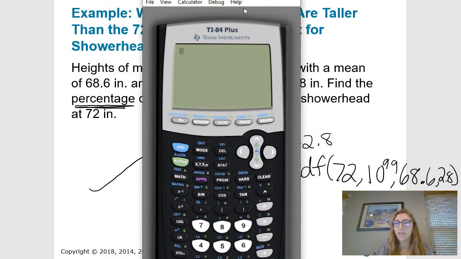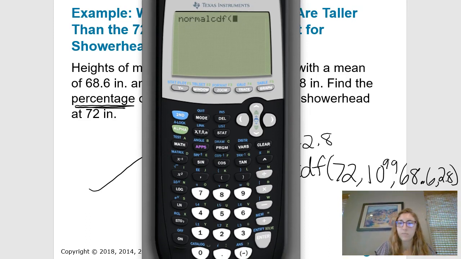So we would go to second, vars, go down to our normal CDF. Then we want 72, comma, 10 to the 99, comma, 68.6, and 2.8.